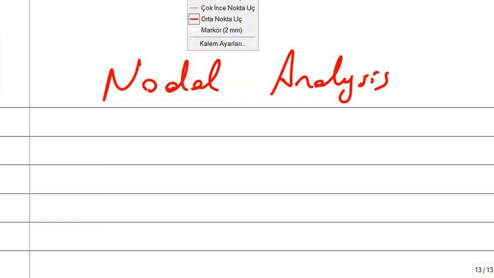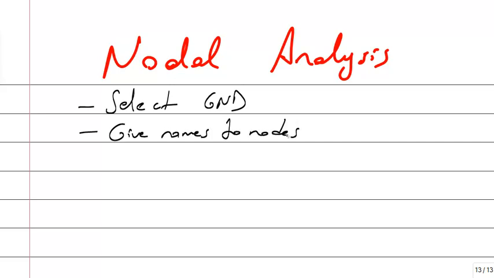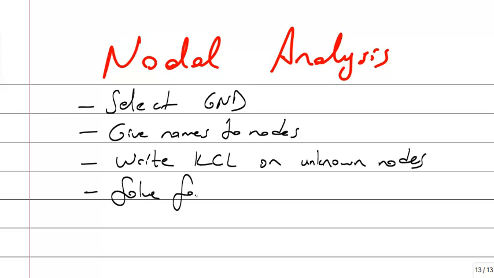I can say the most important part of this course is nodal analysis. What to do in nodal analysis? Select a ground, give names to nodes, write KCL equations on only unknown nodes, solve for node voltages.